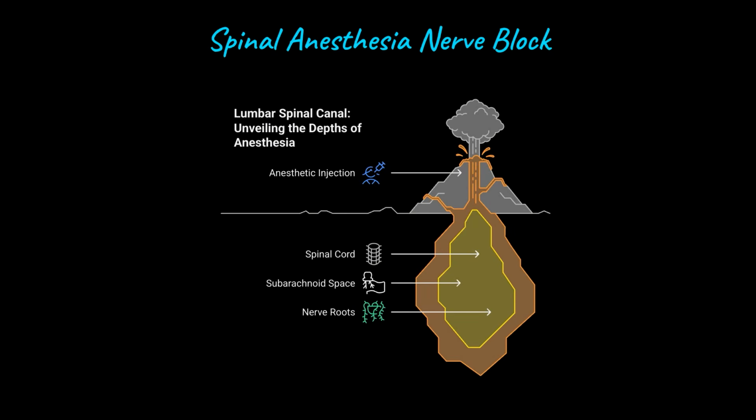Because the block does not discriminate, it silences sensory nerves, motor nerves, and the autonomic nerves that control organs like the bladder simultaneously. Three nerve types are blocked together: sensory nerves that carry pain and touch, motor nerves that drive movement, and autonomic nerves that run involuntary organ functions, including the conversation between the bladder and the brain.